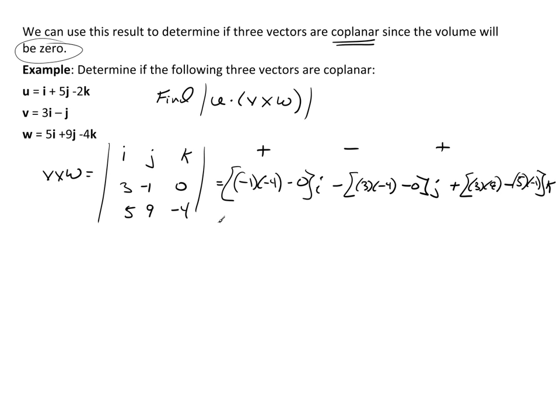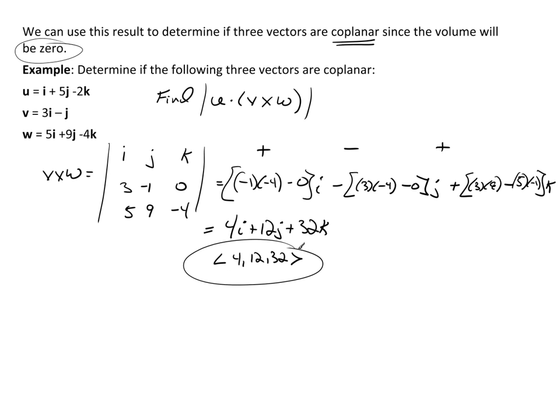If you go ahead and finish up the arithmetic, you get 4i plus 12j plus 32k. So what I end up with is this vector 4, 12, 32. So you understand what's going on, that's the vector produced by that cross product.